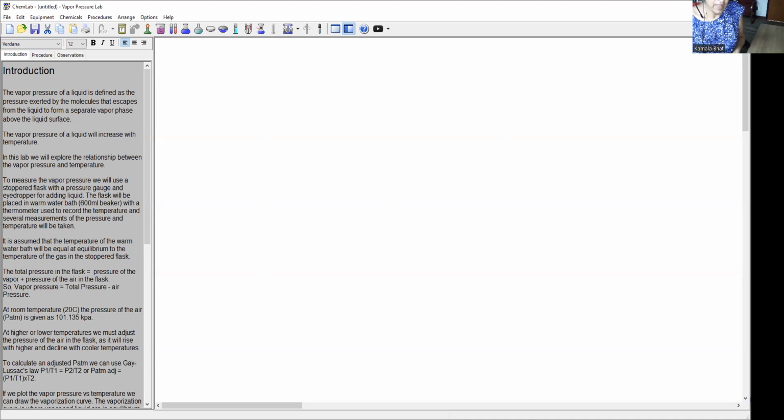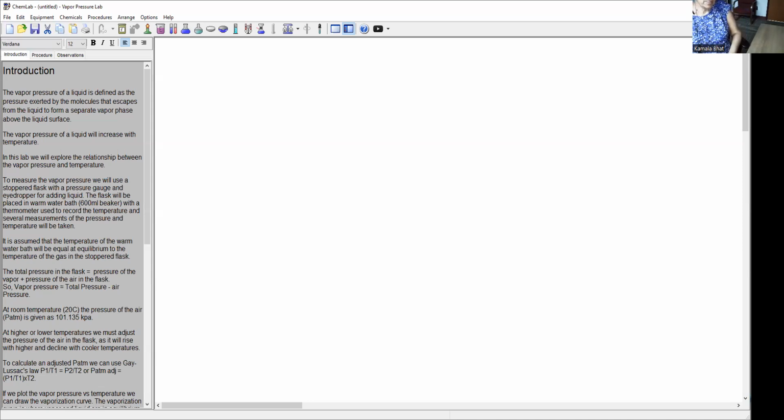The air pressure at room temperature, 20 degrees C, and the pressure of 1 atmosphere is 101.135 kPa. At higher or lower temperatures, it will either increase or decrease.